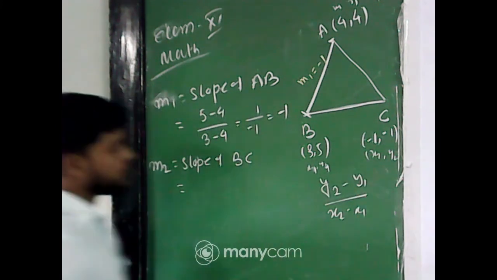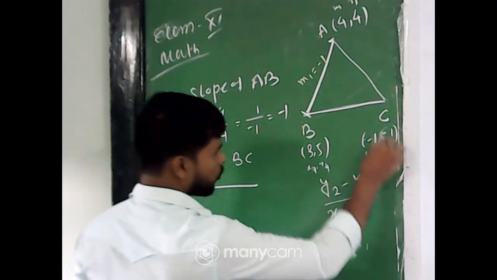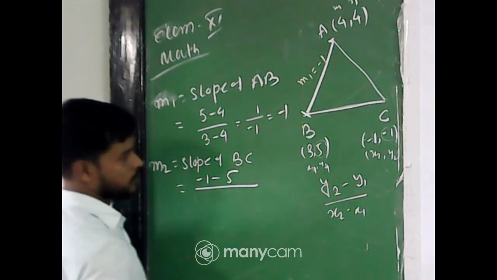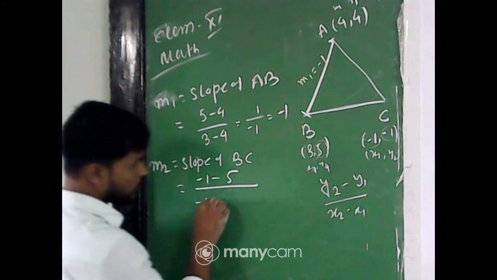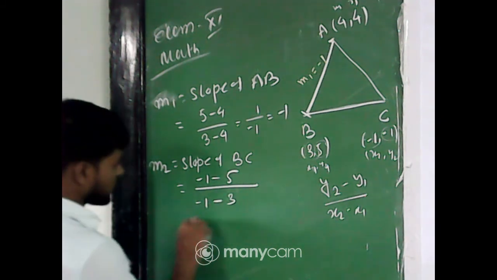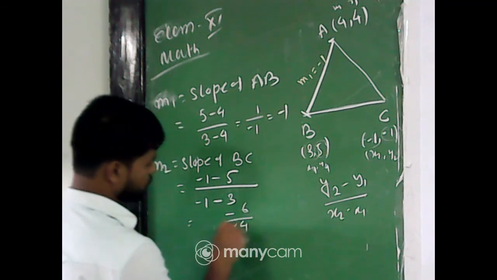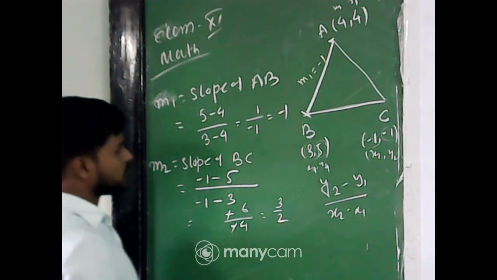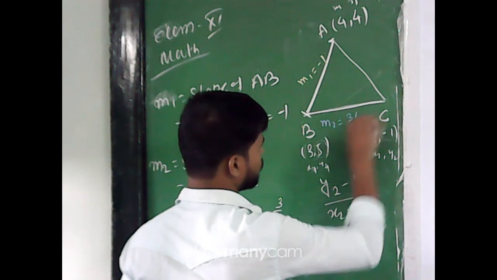So slope equals y2 minus y1, that is minus 1 minus 5, divided by x2 minus x1, that is minus 1 minus 3. That means this is minus 6 by minus 4, so that is 3 by 2. So the slope of this line is 3 by 2.